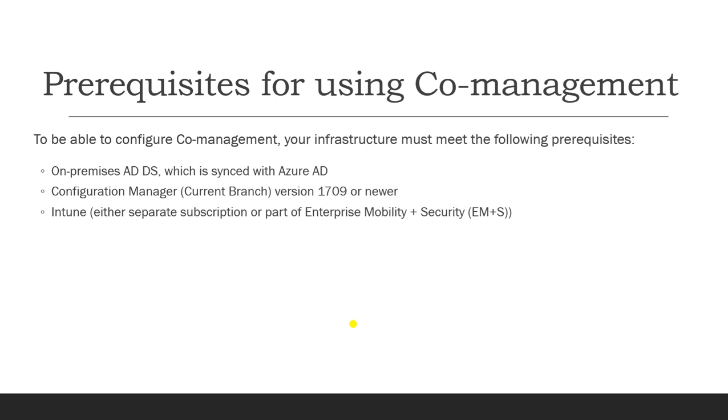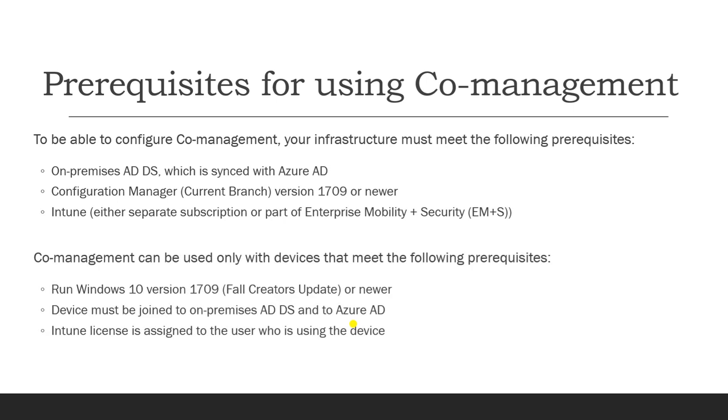You should have on-premises ADDS, Active Directory Domain Services, which should be synced up with your Azure Active Directory, and your Configuration Manager, I can say the MECM version, should be 1709 or newer, and you should have the Intune infra. It can be a separate subscription or an EMS subscription, so anything is fine to use for co-management.